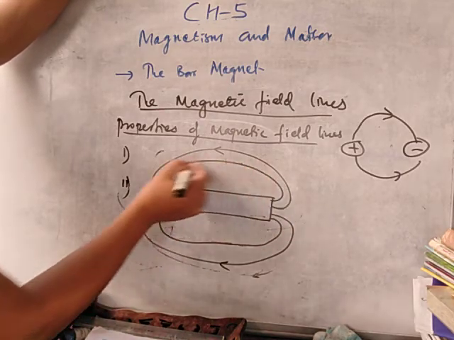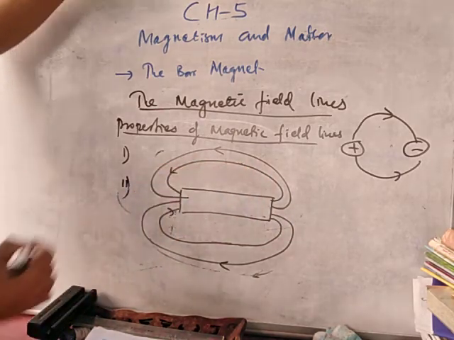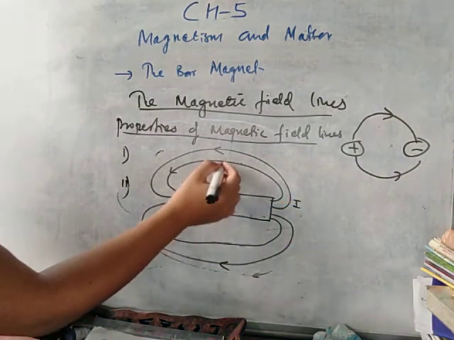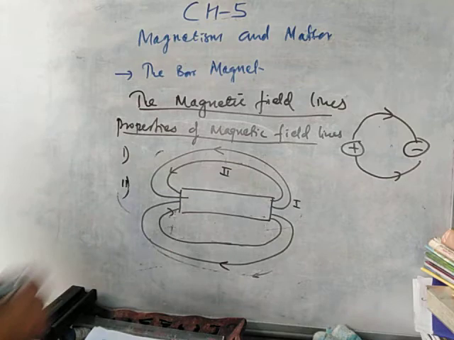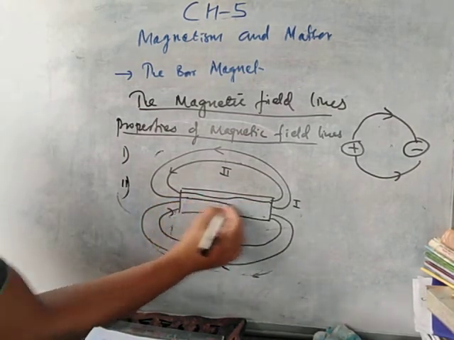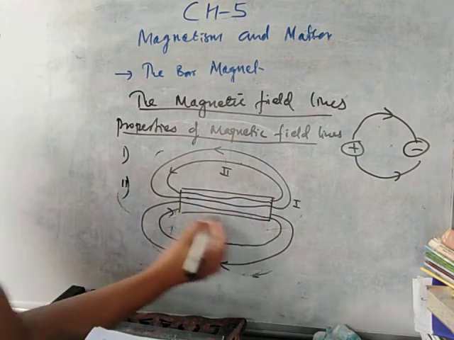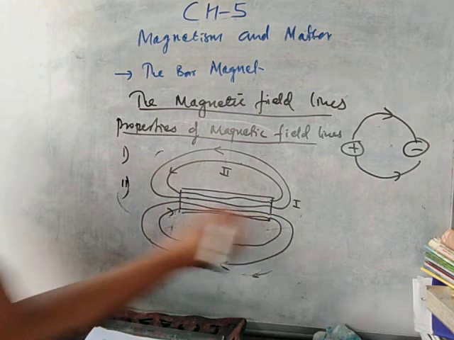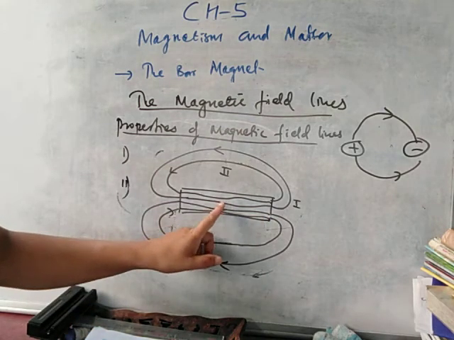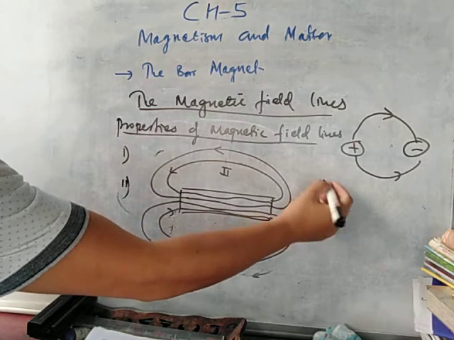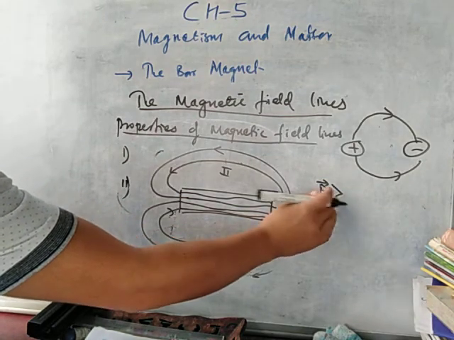See this region, and this region. Inside the magnet, this region is so dense, isn't it? That means at this region the magnetic field strength is greater than region 1.